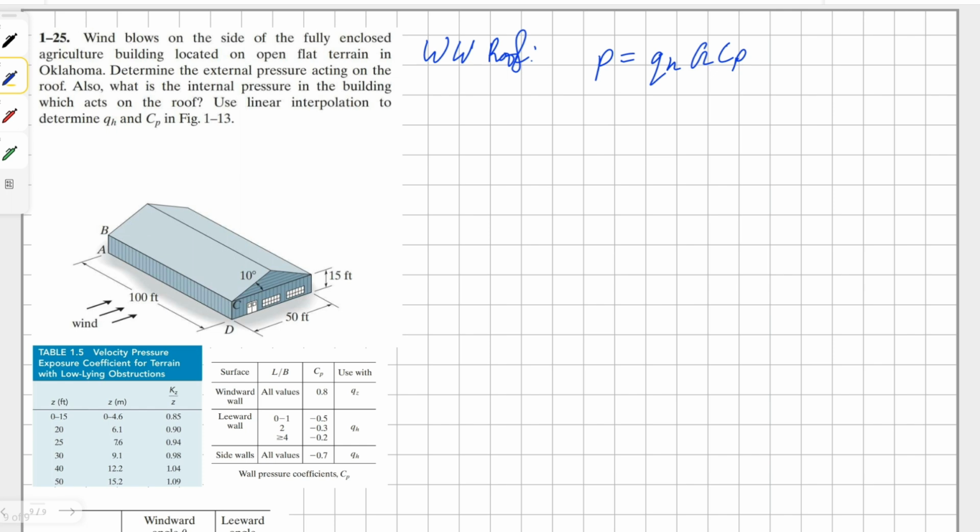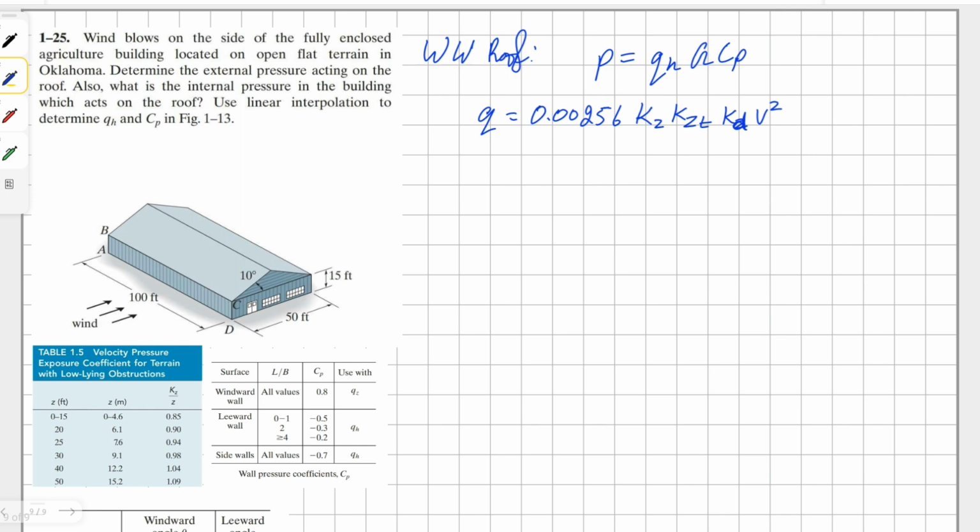And we know that we don't have our velocity pressure here. So to solve velocity pressure, we know the formula, which is 0.00256 times our velocity pressure exposure coefficient times our topographic factor times our wind directionality and times velocity squared.